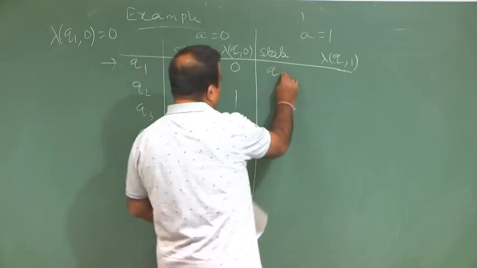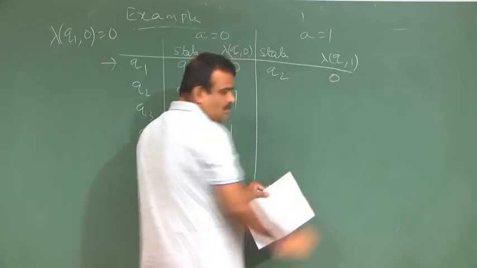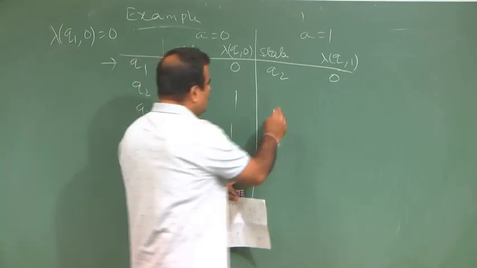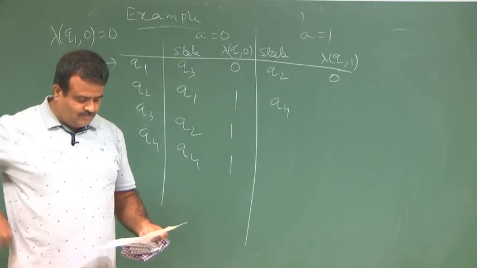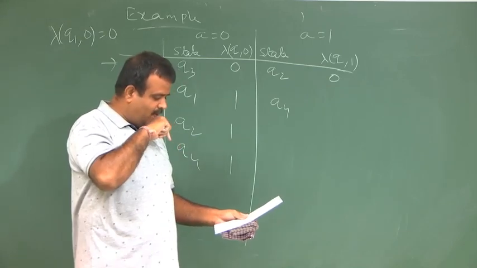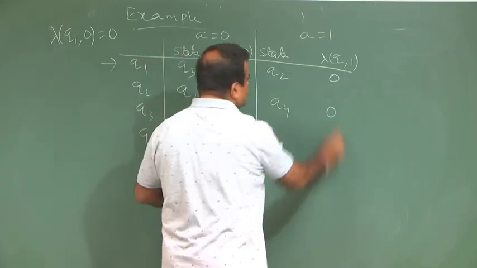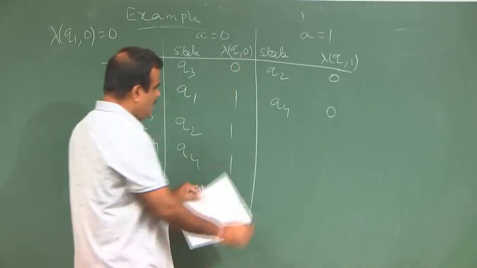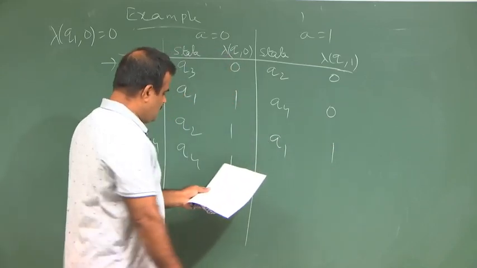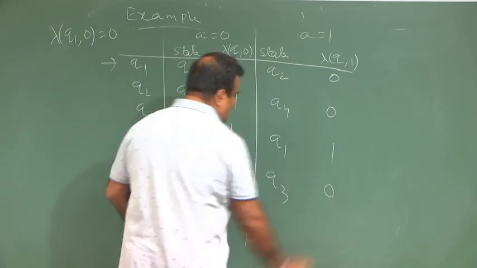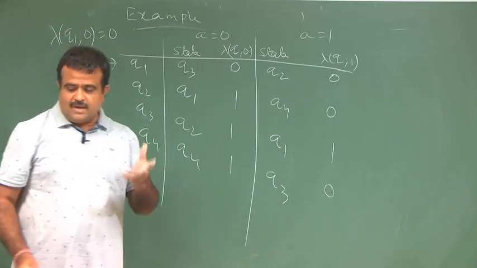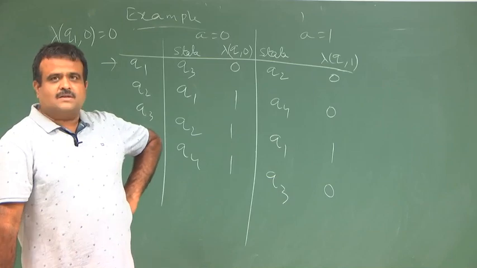Similarly, Q2 it is going 0, and Q4 it is going 0, and Q1 1, and Q3 it is 0, like this.